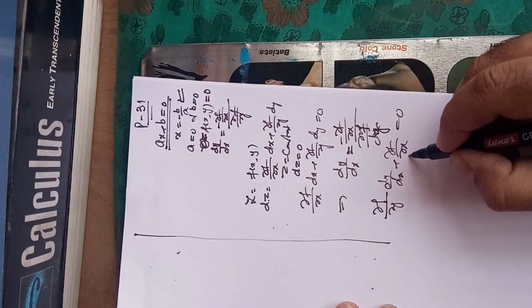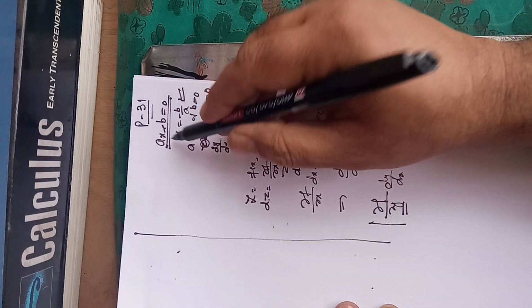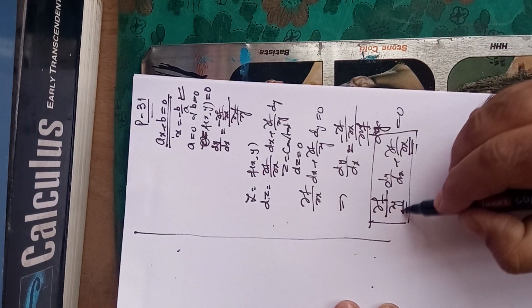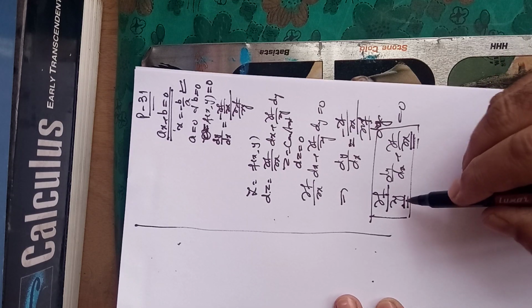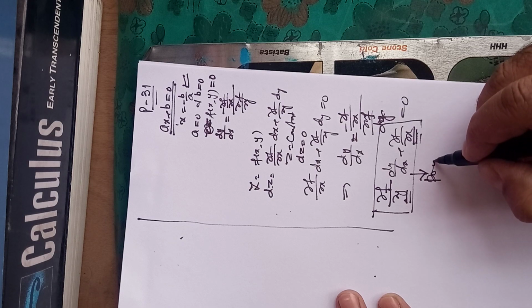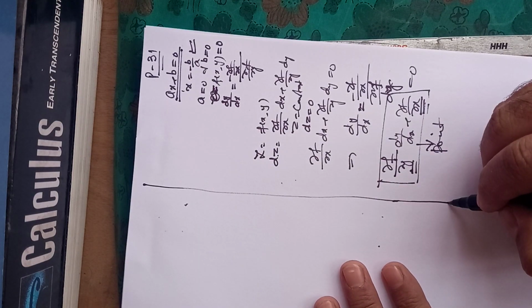Now see, in order to have this equation ax + b = 0, I must have del f/del x = 0 and del f/del y = 0. This gives me the points. If those points satisfy the given equation, then those are known as double points.